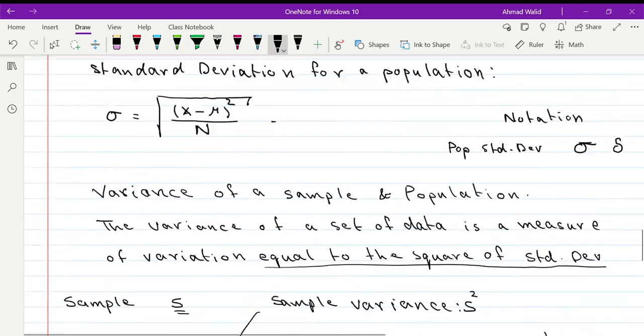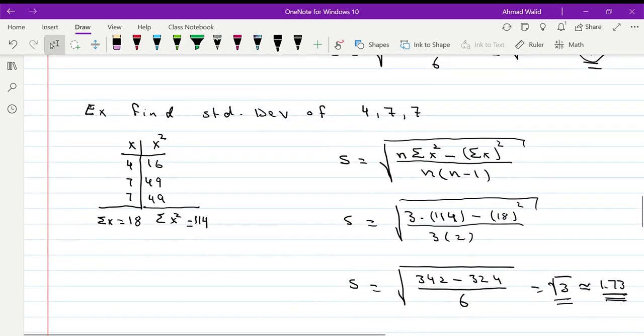I'll go back up to show you an example. Look at this example. Our data is 4, 7, 7. They are really closely grouped. There is not much difference between 4 and 7, right? When they are really closely grouped, look here, your standard deviation is 1.73.